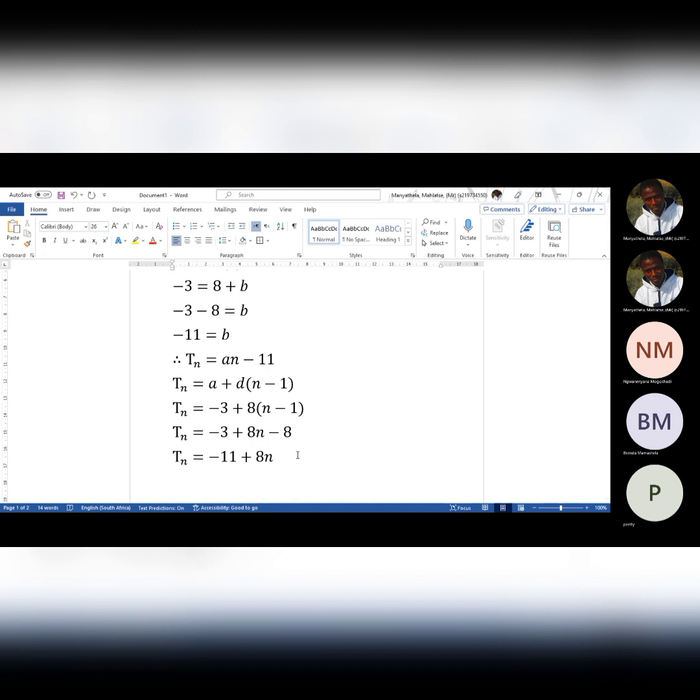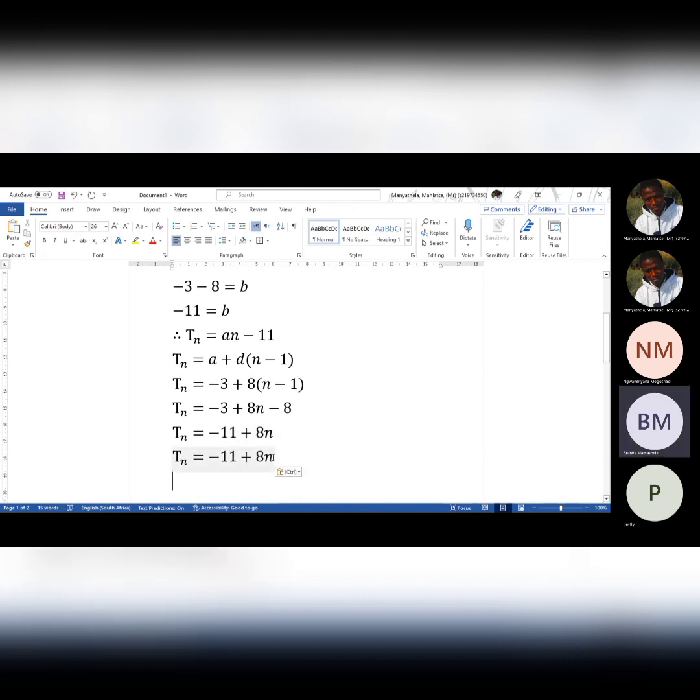But then you go back to the question earlier, in the form of Tn equal to an plus b. You can still take negative 11 across, it's the same thing: 8n minus 11.